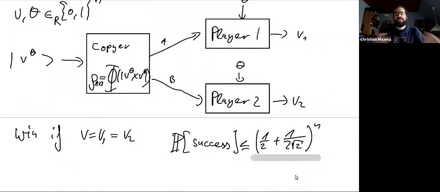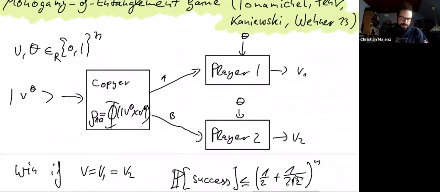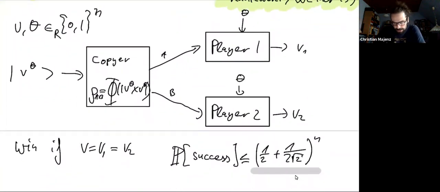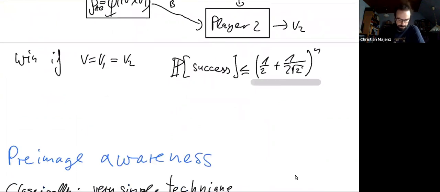So if we can now take a successful adversary against our copy protection scheme and from it construct an adversary against this, a set of players that wins this monogamy of entanglement game, then we're good.